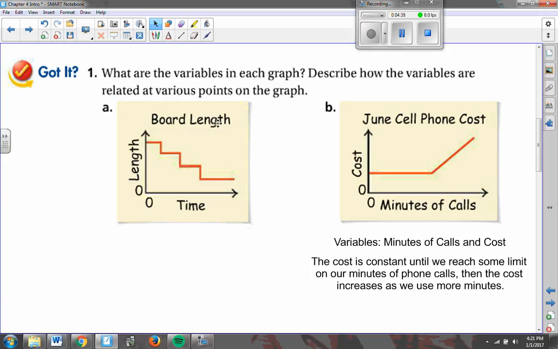We have a graph of board length. It's some kind of board, some kind of piece of wood, and the length is changing over time. So see what you can do with that one. Tell me the variables, and then write me maybe a sentence of what's happening with that graph.